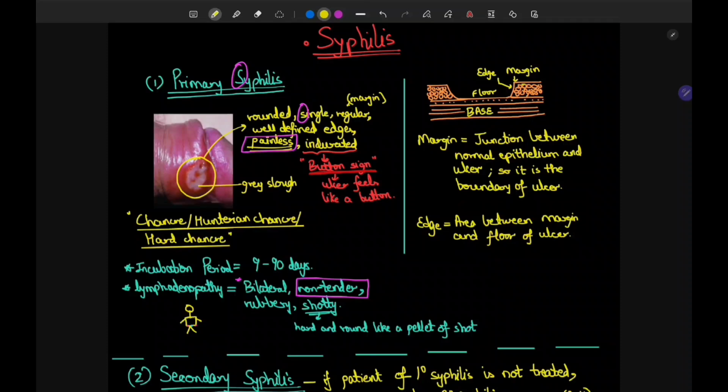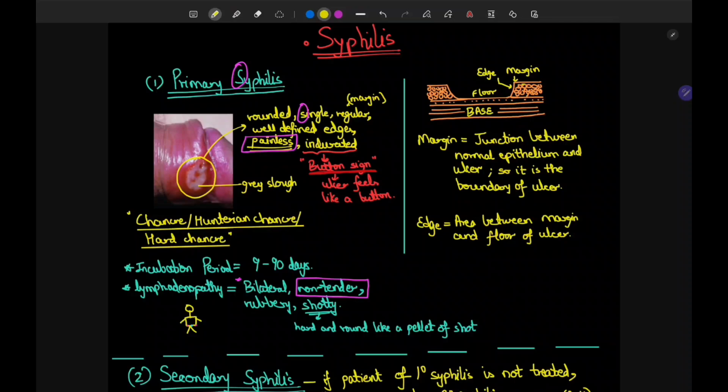You see, how is syphilis acquired? Syphilis is acquired when you have oral sex or vaginal sex or anal sex with an infected individual. So you may think like that when there is sex with an infected individual, so you will have such kind of ulcer which will have a buttony feel, which will be button sign, indurated ulcer, and it's painless.